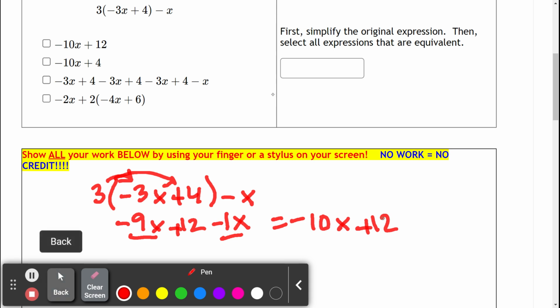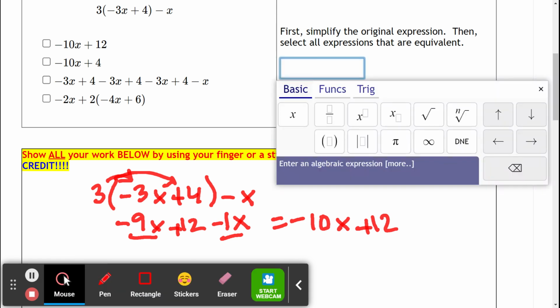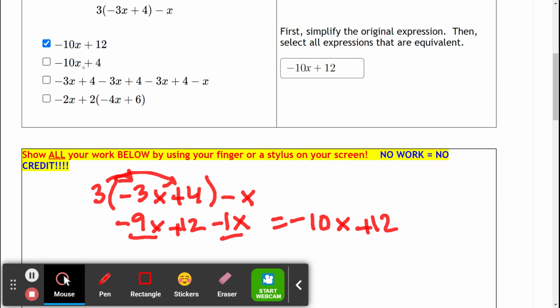So now I put that in here, -10x plus 12. This one is exactly the same as my answer. The next one, no, not plus 4.